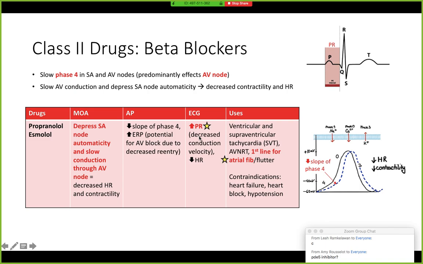So I would definitely know that, and also the fact that your class 2 drugs are first line in treatment for atrial fibrillation. That's due to the fact that you're slowing down the conduction through the AV node.